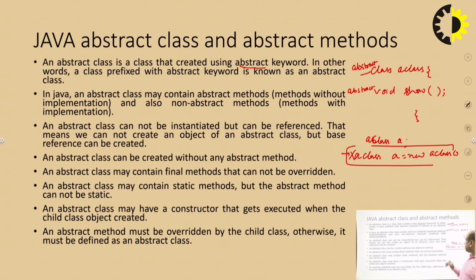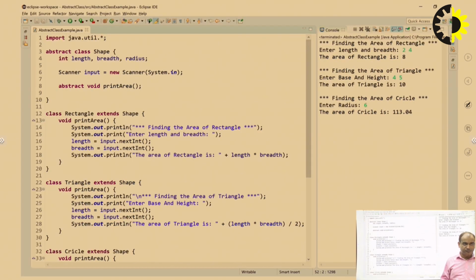Which means if any class extends this abstract class, in that case the abstract method must be implemented, or we can say defined, in the child class. Otherwise we have to create the child class as an abstract class.